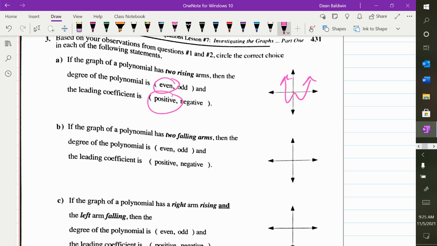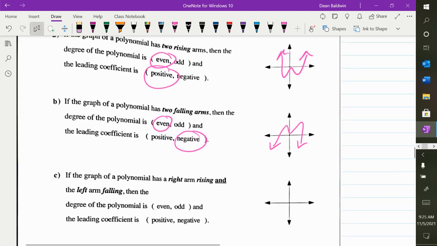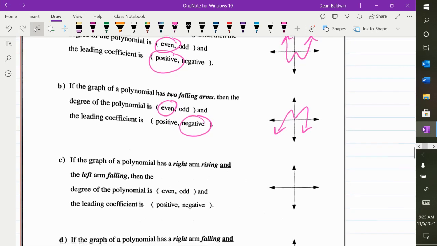If it has two falling arms, so it looks like this, the degree is? Even but negative leading coefficient. If you have a right arm that is up and a left arm that is down or falling, so they're going in different directions, is the degree even or odd?